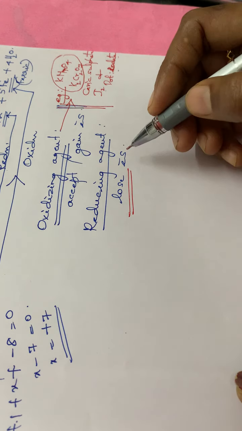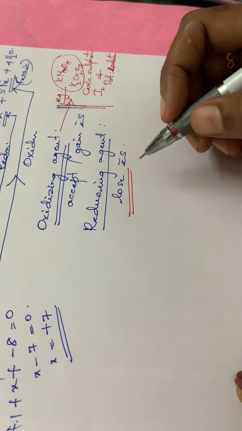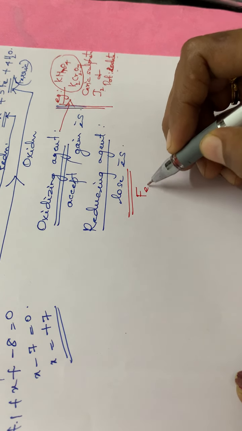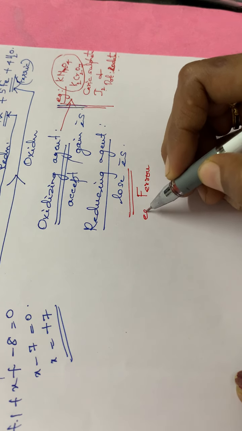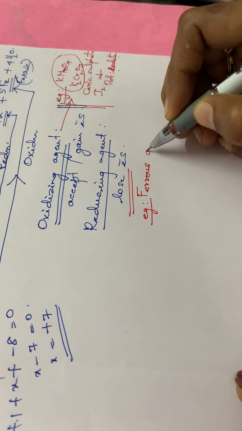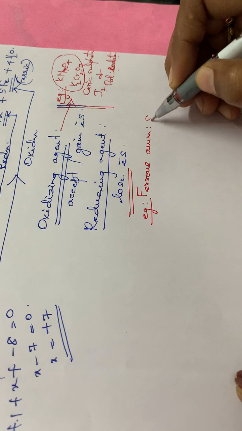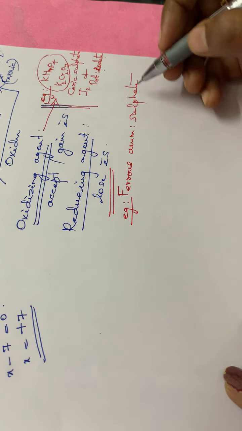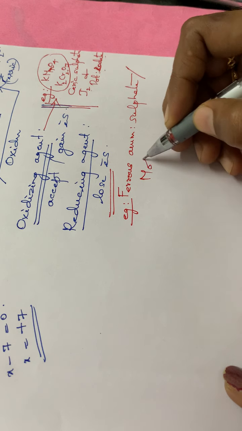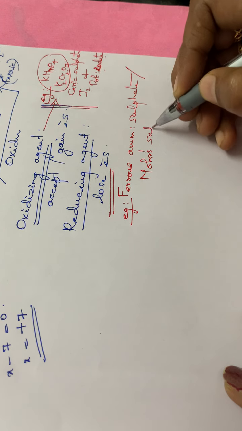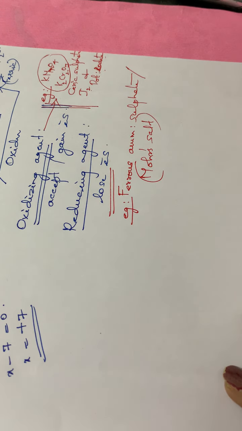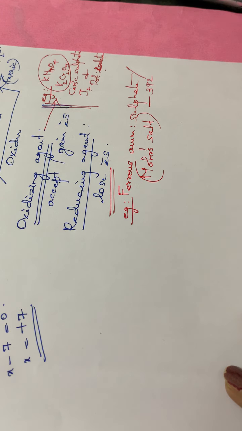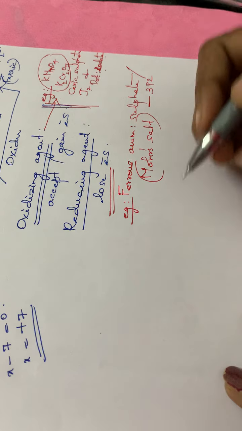Then coming to the case of reducing agents. Normally we use ferrous ammonium sulfate, otherwise called Mohr's salt, and the equivalent weight of Mohr's salt is 392.